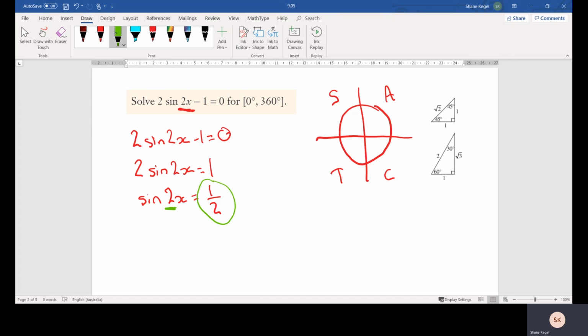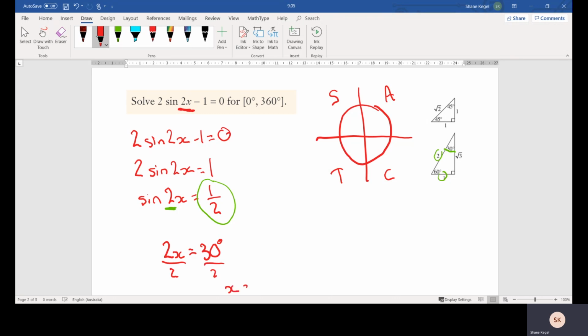So here I'm looking for an exact value where sine is 1/2. So I go over to my exact triangles. I've got 1 and I've got 2 here. So O over H, 1 on 2 would be from 30 degrees. So in other words, 2x equals 30 degrees. Again, remembering that the 2 means to go around the circle twice. I divide through by 2 to find what x equals.